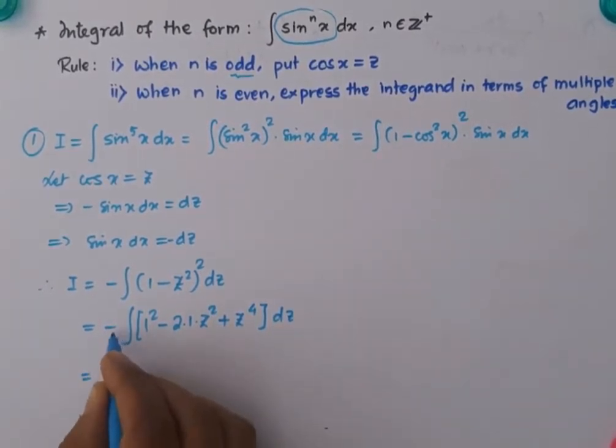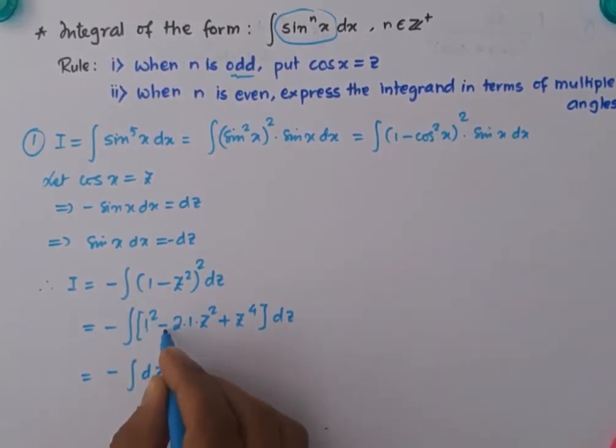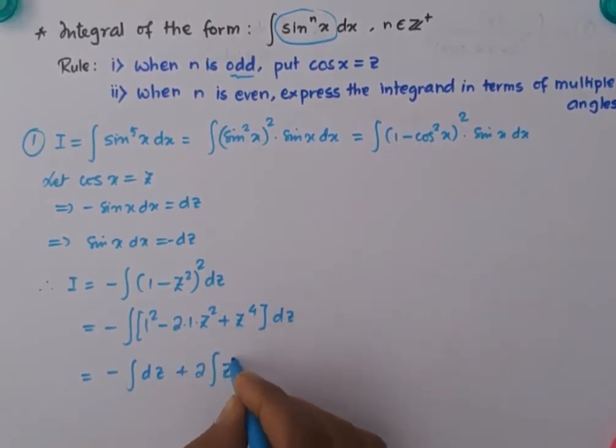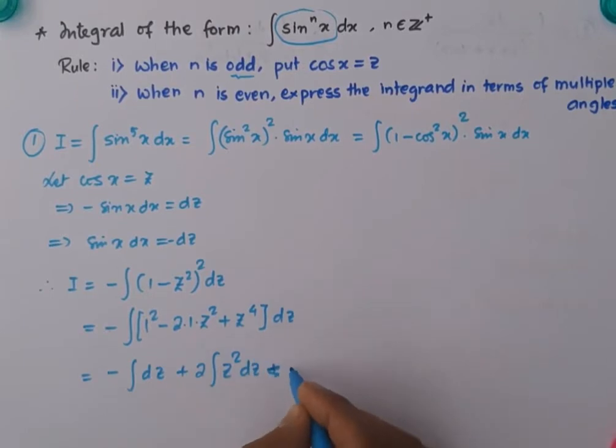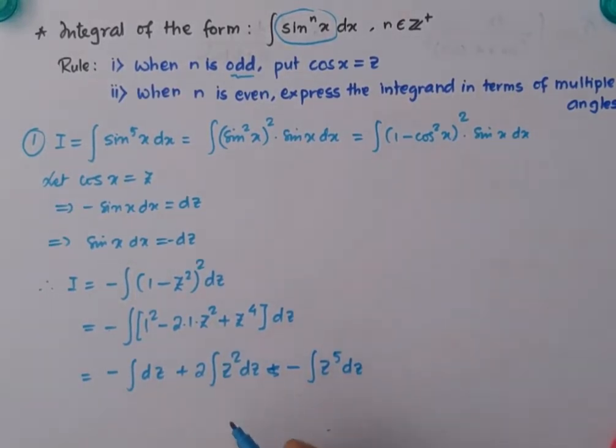Now let's separate all these integrals. This can be written as the integral of 1 square, which is 1, so we get only dz, minus into minus becomes plus, so 2, a constant, can be kept outside the integral sign, of z square dz, plus, I'm sorry, minus into plus is minus, so the integral of z to the power 4 dz.